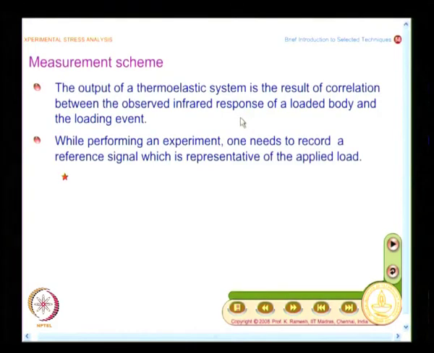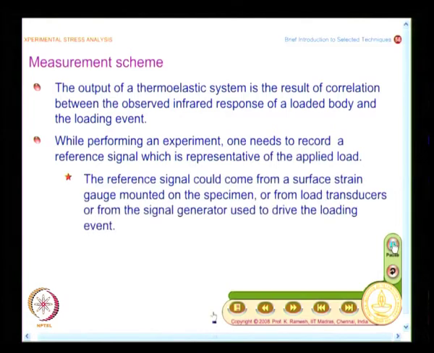So, I need a signal to record how the body is loaded. So, you need a reference signal. While performing an experiment, one needs to record a reference signal which is representative of the applied load. This can be done in various ways, that is what is listed below.